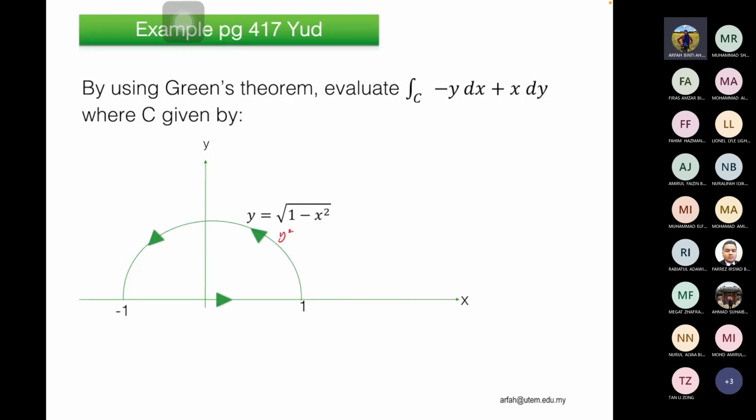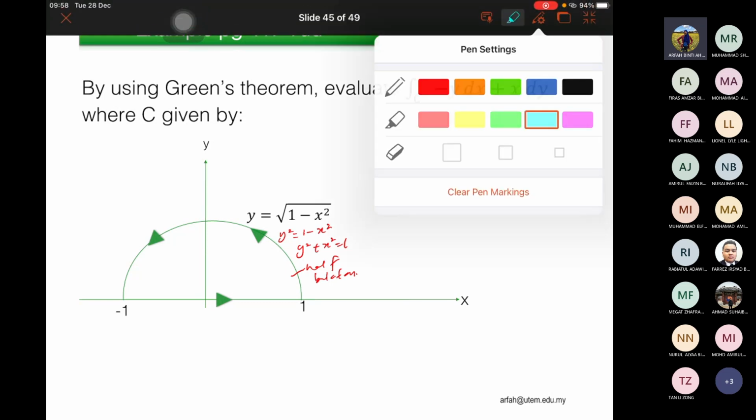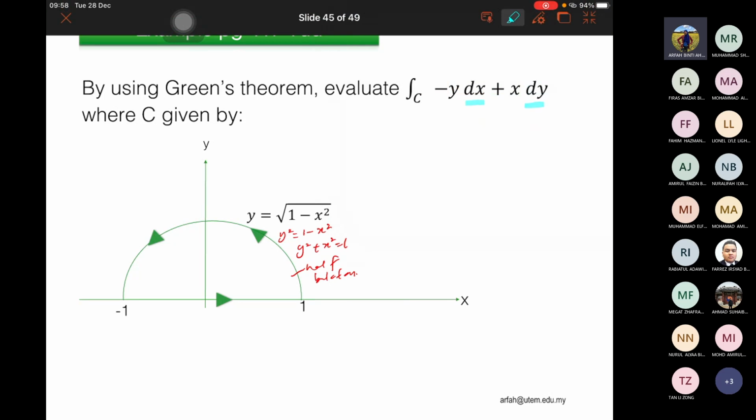So this one sebenarnya y kuasa 2 sama dengan 1 tolak x squared atau y kuasa 2 plus x squared sama dengan 1. So dia sebenarnya adalah half bulatan. Okay. So soalan suruh gunakan Green's theorem to evaluate the integration of this function. Okay. So tengok dekat sini minus y dx, x dy.